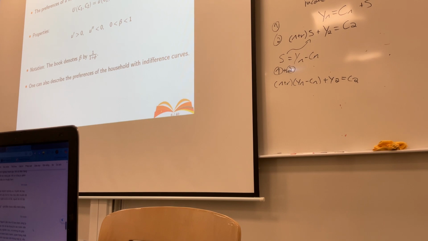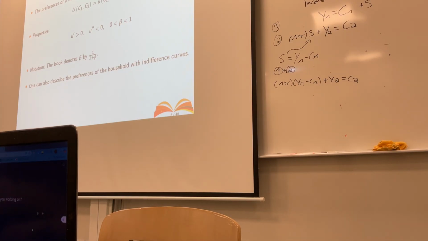That would mean that my beta is equal to about 0.9. So beta is measuring my impatience. If I say, no, if I'm going to wait, you're going to have to give me 50% more, then my beta is equal to 2/3. So the lower beta is, the more impatient I am.